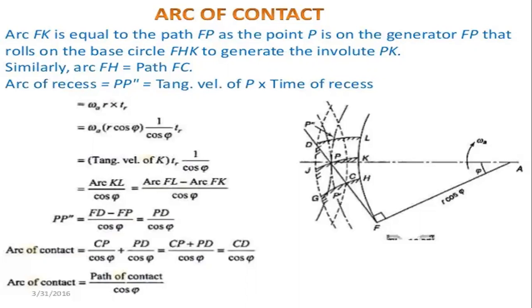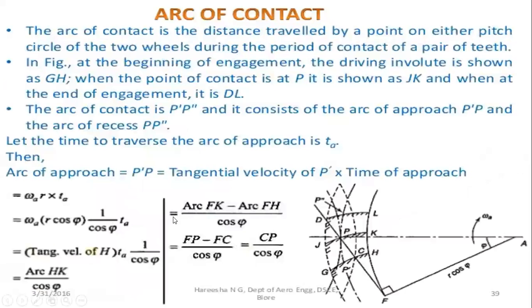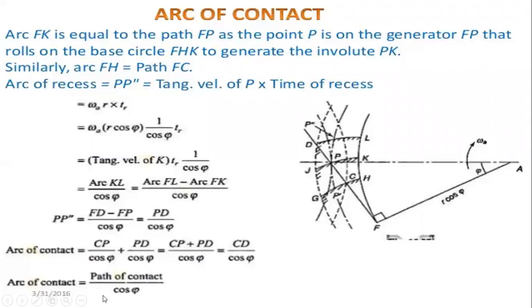And arc of contact is taken as CP by cos phi. So it is taken as arc of approach plus arc of recess. So arc of approach means CP by cos phi, plus PD by cos phi means arc of recess.